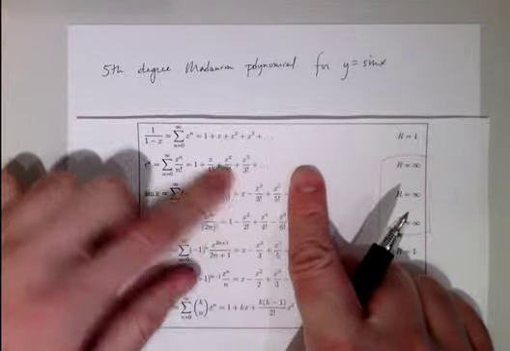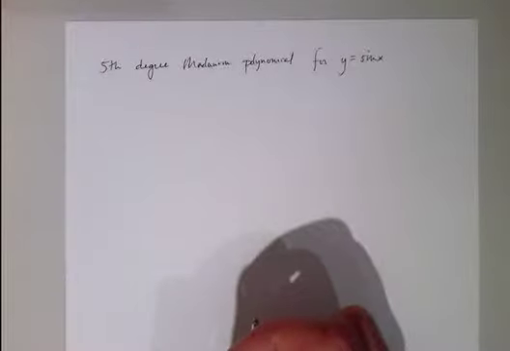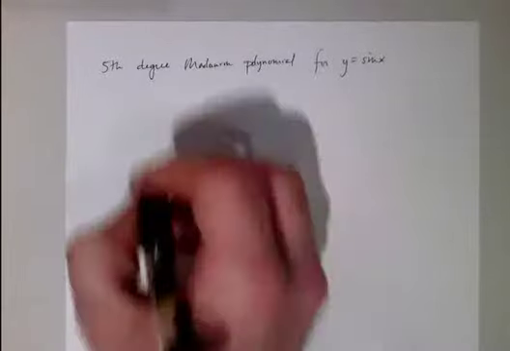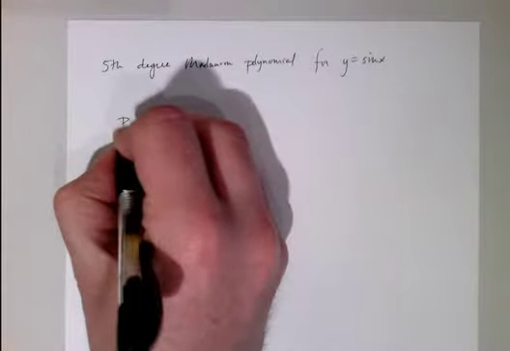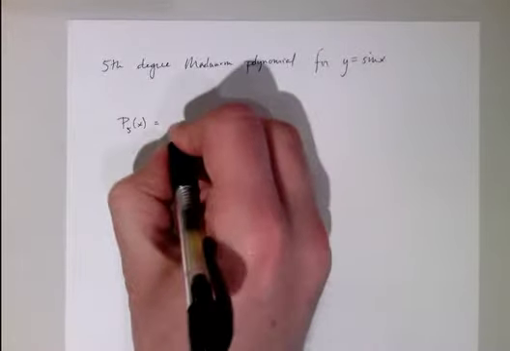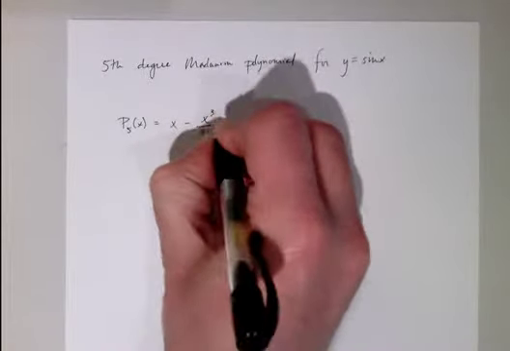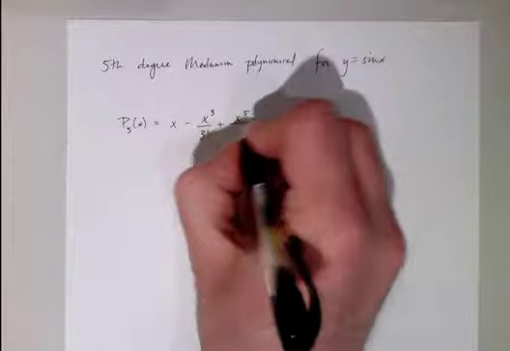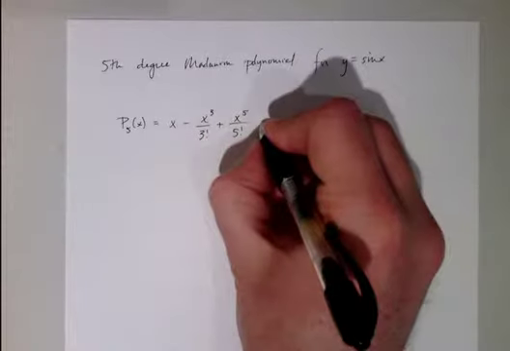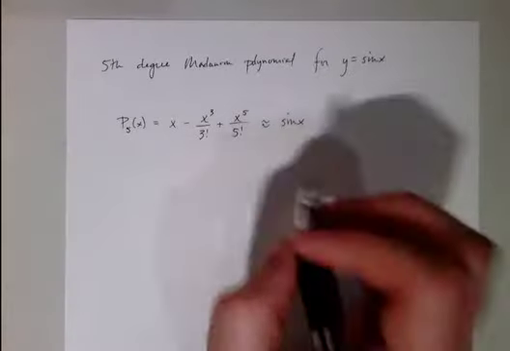Now, the approximation is obviously going to be better for a value that is closer to the point of centering. So if I say my p sub 5 of x is equal to those first terms up to the 5th degree, x minus x cubed over 3 factorial plus x to the 5th over 5 factorial, of course that is my approximation of sine x, centered at 0.